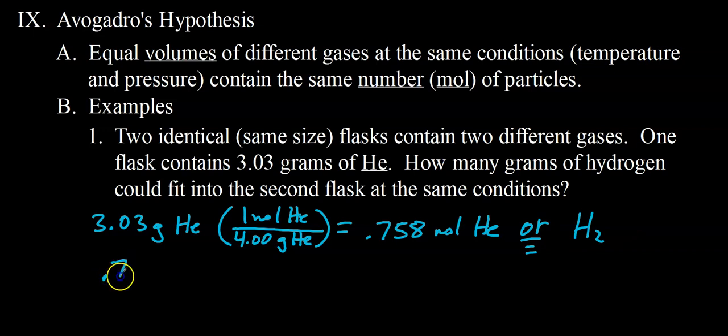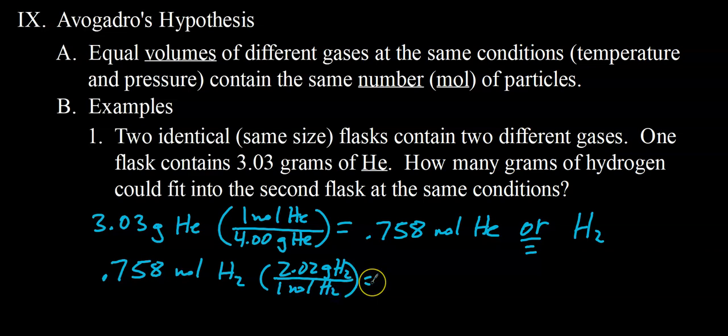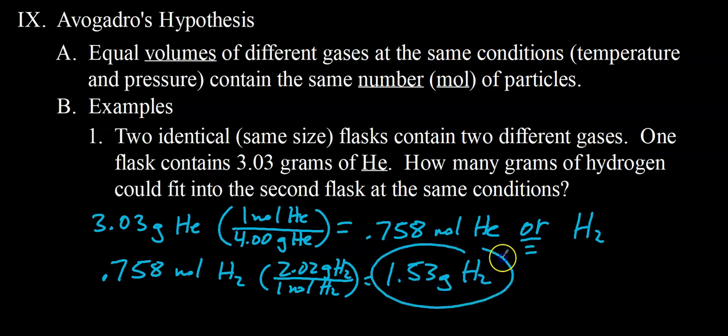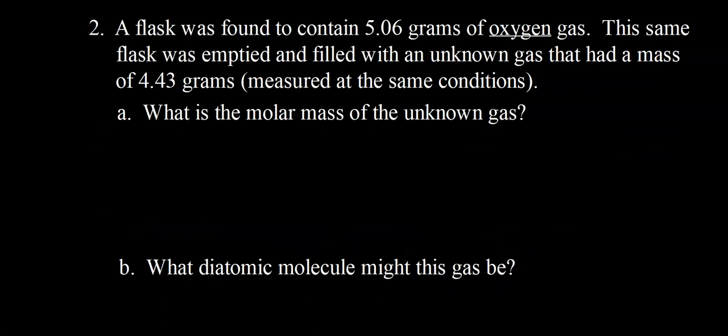So now we're going to take 0.758 moles of hydrogen and convert that to grams of hydrogen, and we'll get our answer. Go ahead and pause the video, punch that up. All right, so what'd you get? Should get 1.53 grams of hydrogen.